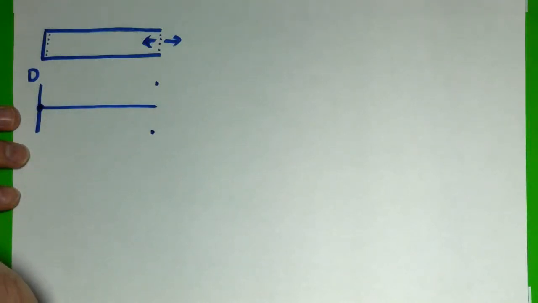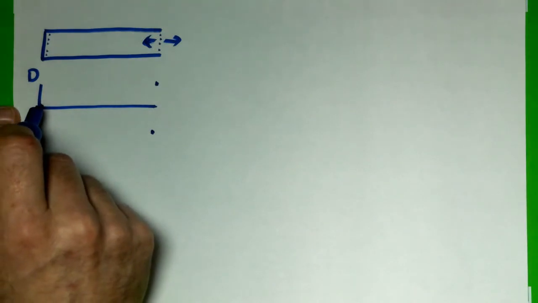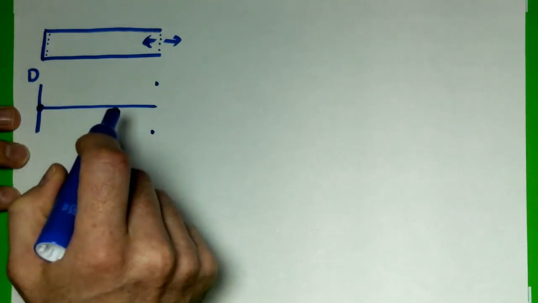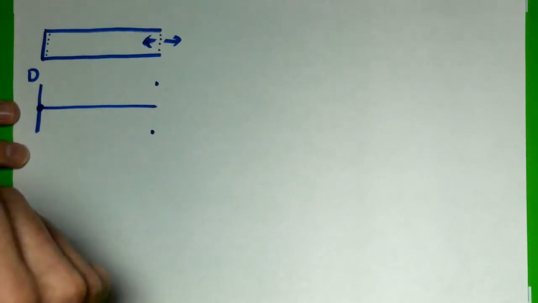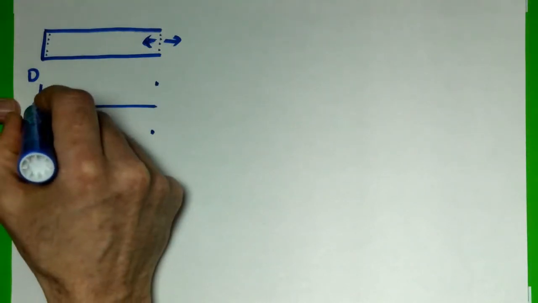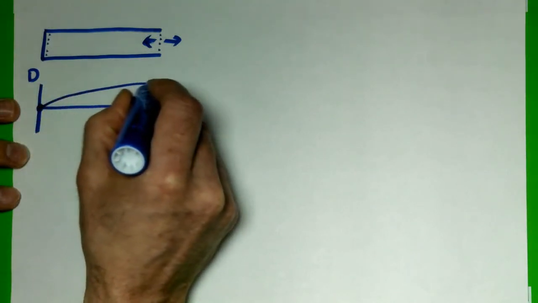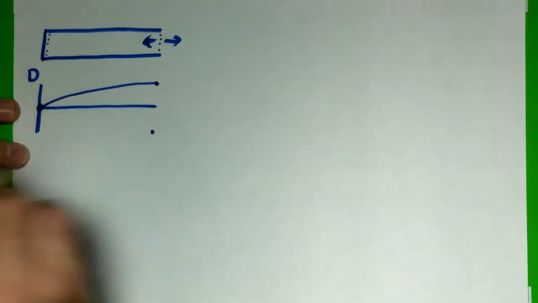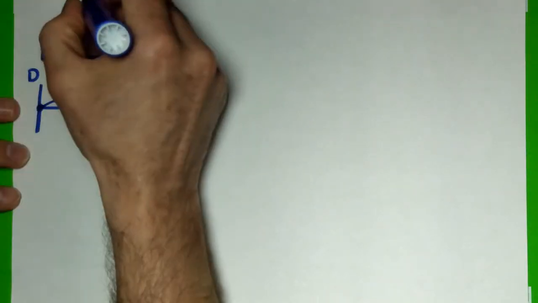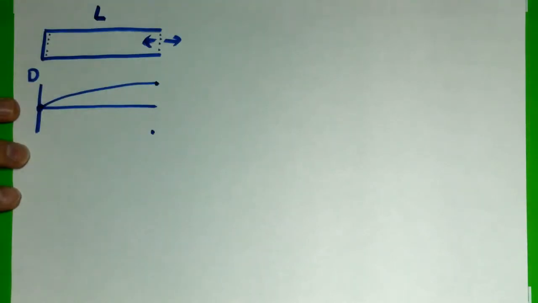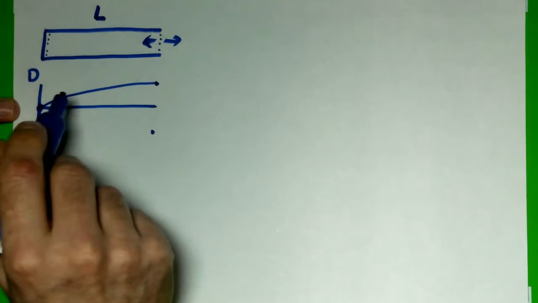Now, with that in mind, we can start thinking about what allowed wavelengths I can have to meet these two boundary conditions. The first case, the simplest one, is just a curve that gently approaches that maximum. I could have done the minimum too. And if this tube has a length L, we can ask, how big is the wavelength for this case?